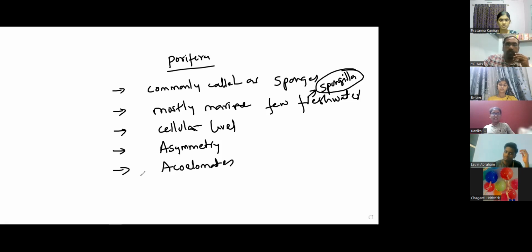When you look at the sponge, the cells are arranged in two layers.